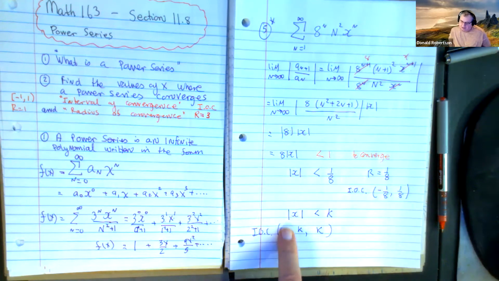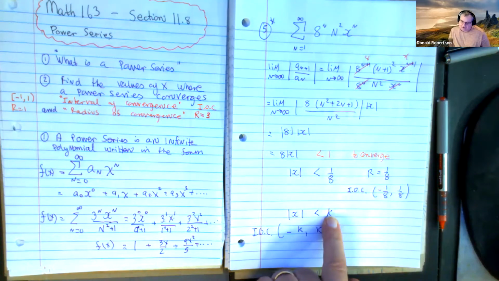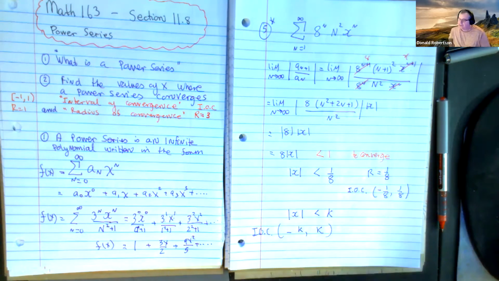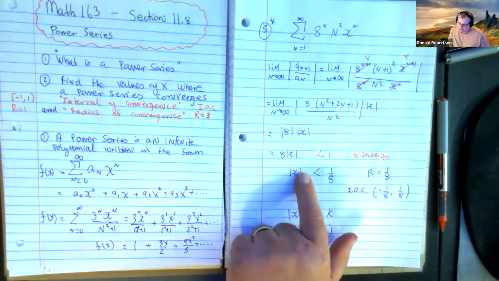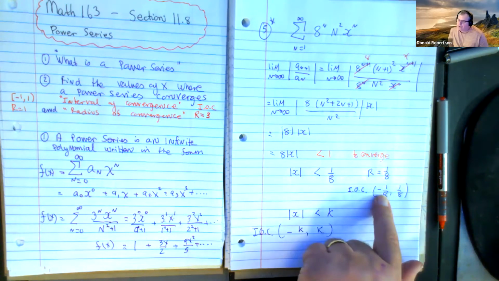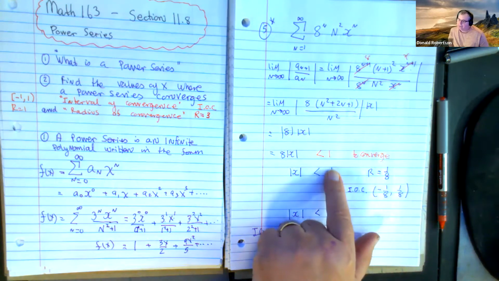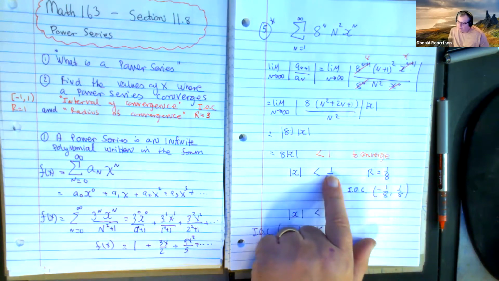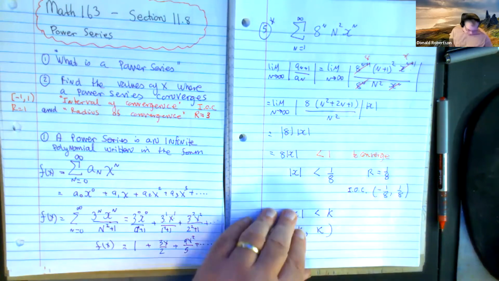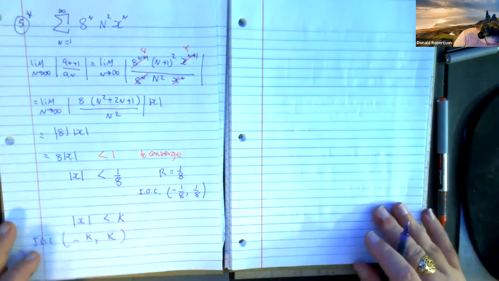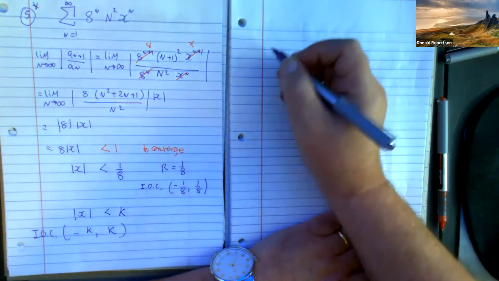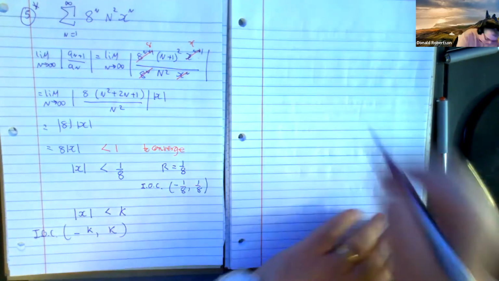If that's 4, minus 4 to 4. In this case, it's an eighth, minus 1/8 to plus 1/8. Do you see what's going on there? If you can write it like this, you should be able to convert it into an interval pretty much automatically, right? And it's always going to be less than. You're never going to have anything greater than, for instance. So we have the initial interval of convergence.